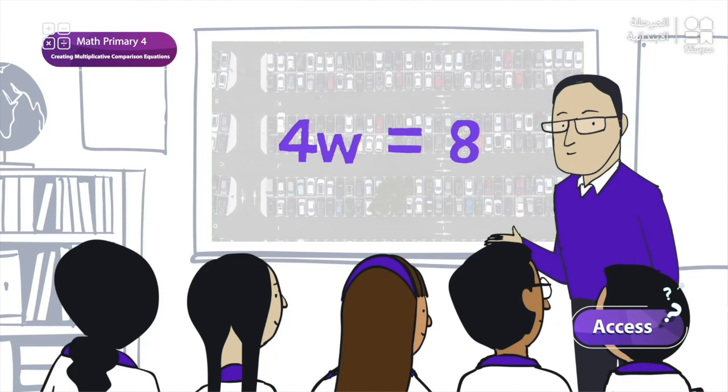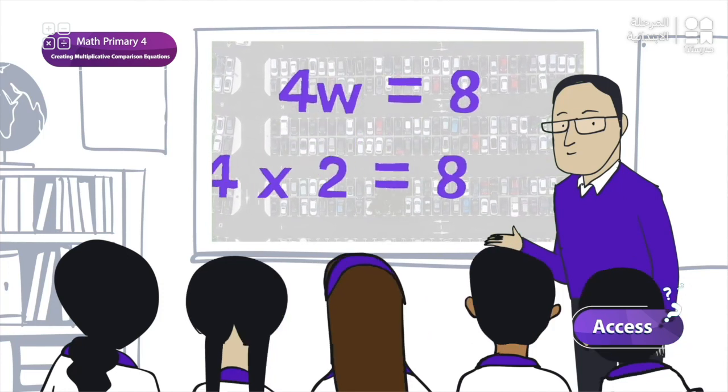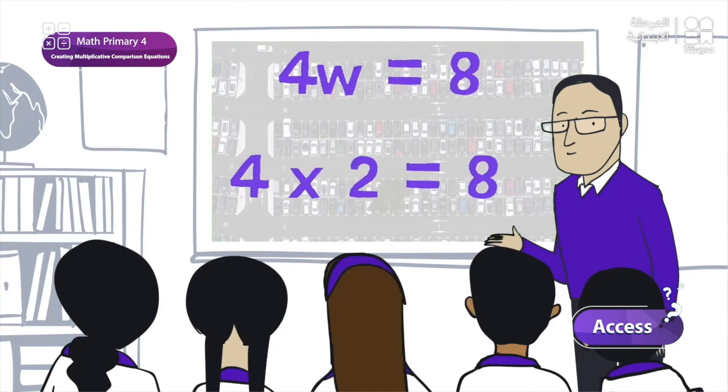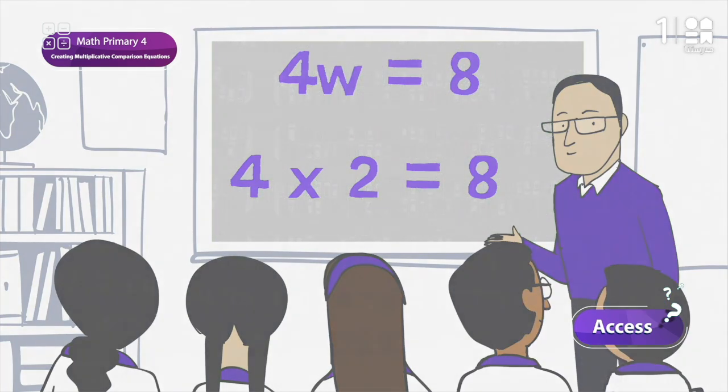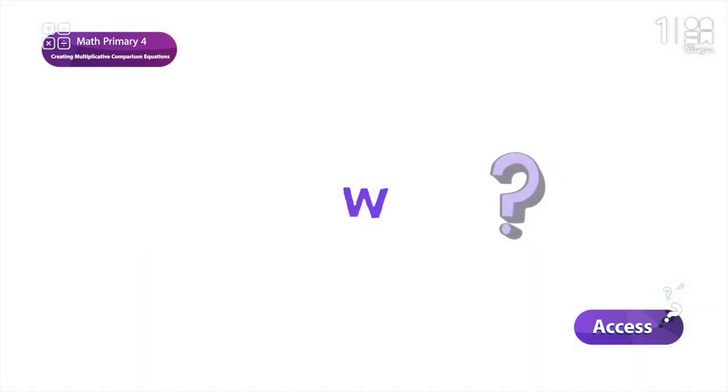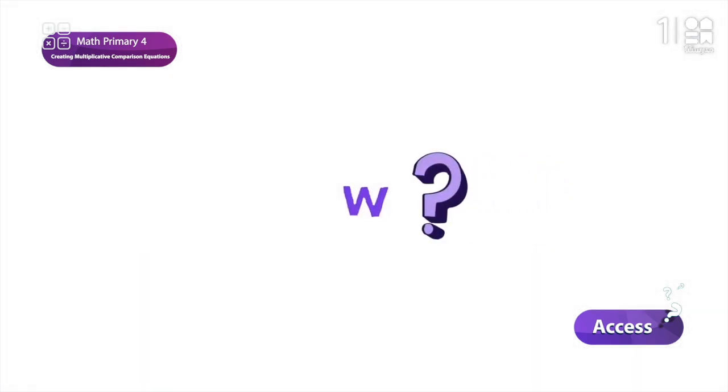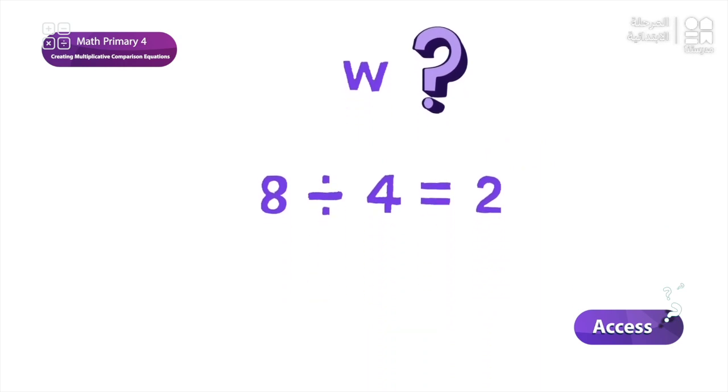Yes, that's it. 4 lots of W equals 8. 4 times 2 equals 8. I'm going to use my number facts and patterns to help me. If you use the inverse, you can work out W. 8 divided by 4 is 2. W must be 2. What a fantastic explanation!